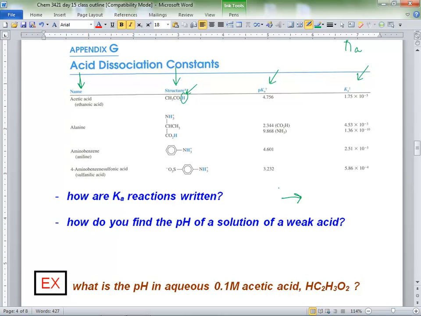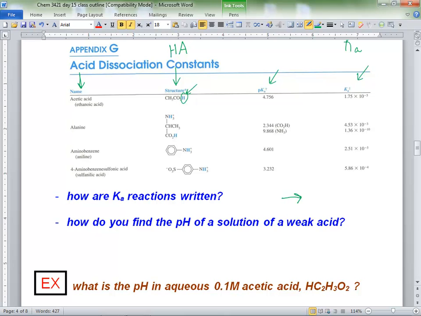Christina, I want to just, in general, say that my acid is HA, and A can be anything. Using HA, how would you write the reaction? What do you think it's going to look like? They want to call it the acid dissociation reaction. So would HA go on the reactant or product side?